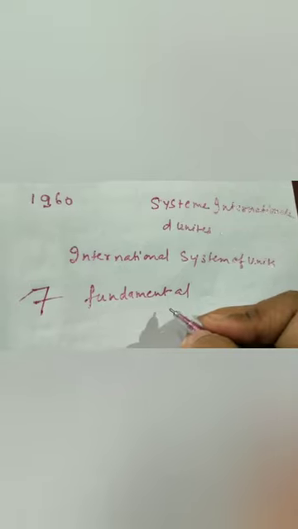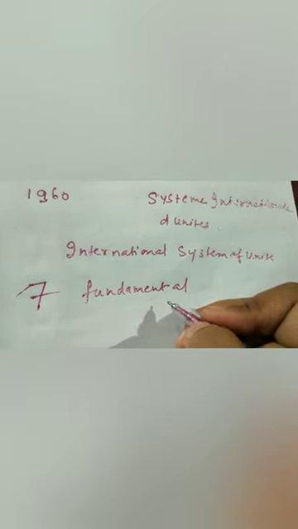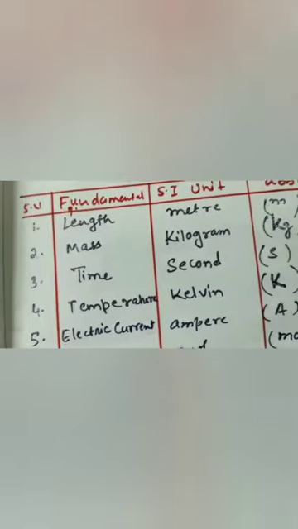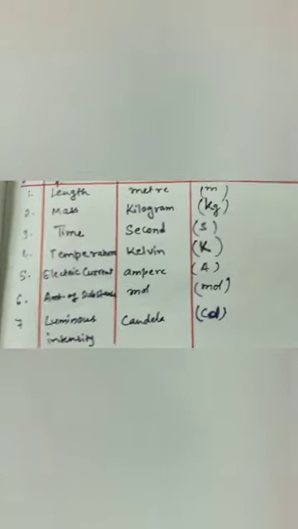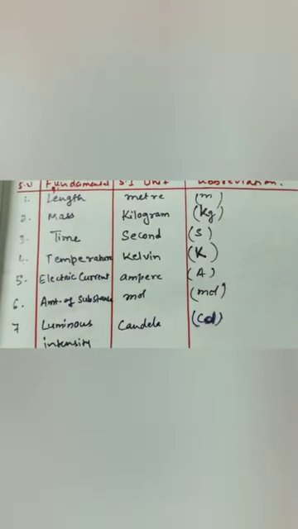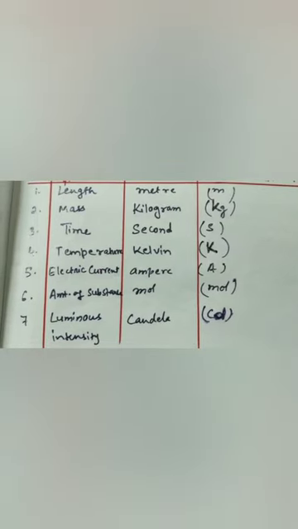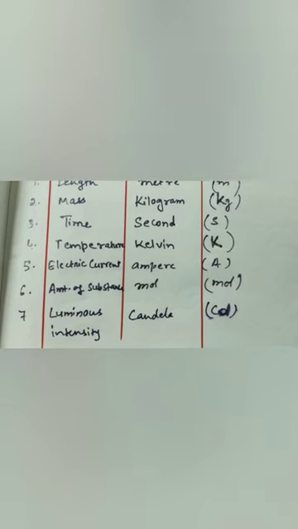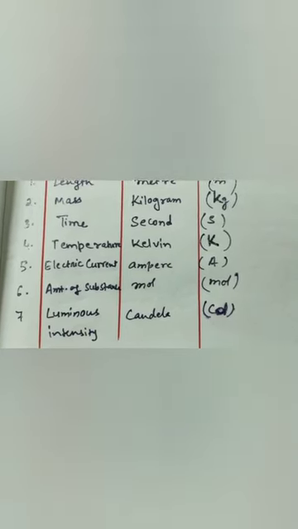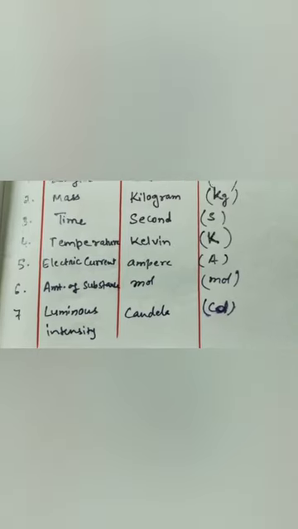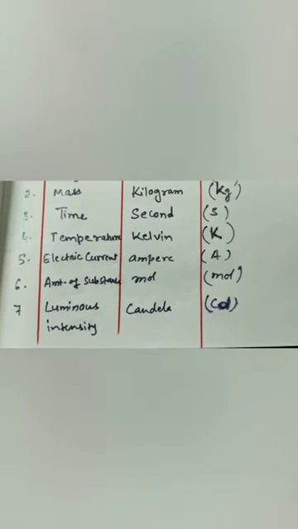So let's see what the fundamental quantities are and what their SI units are. The fundamental quantities are written in this column, and the abbreviations and the SI units are written in this column. For length, the standard unit is meter, mass kilogram, time second, temperature Kelvin, electric current ampere, amount of substance mole, and luminous intensity candela.